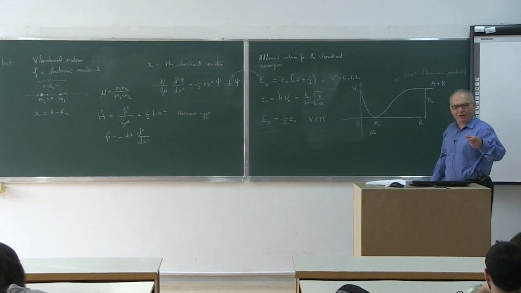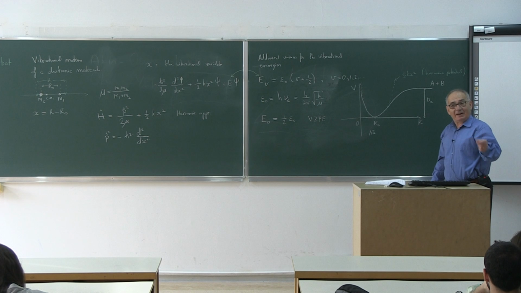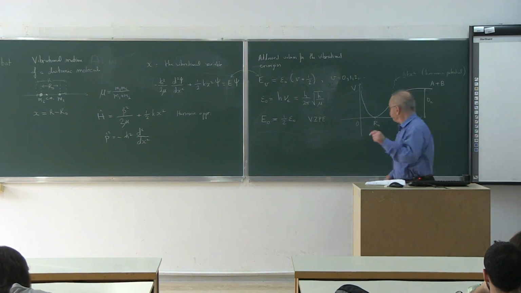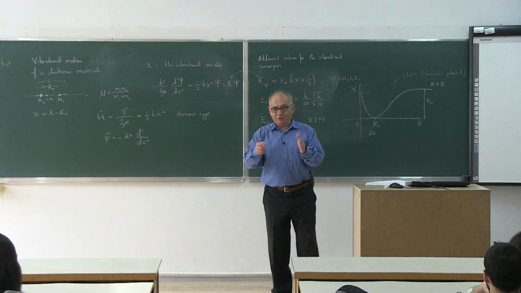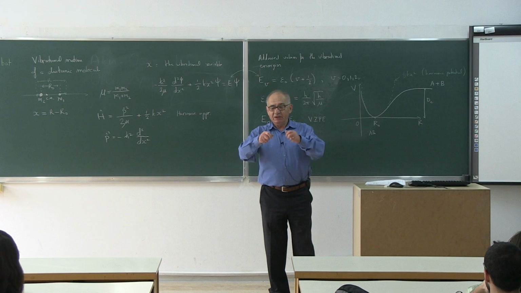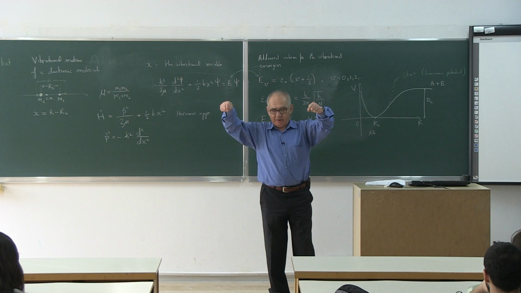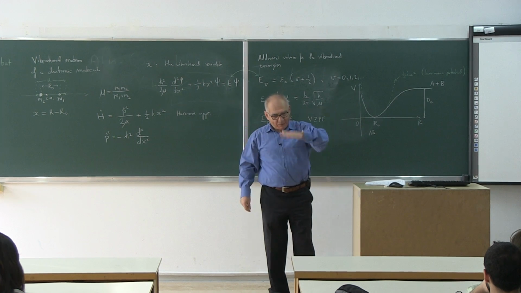It's kind of dissociation energy, but I had warned you that this is not the experimental dissociation energy. Why? Because the definition of dissociation energy is this: total energy of the products, A plus B, minus the total energy, the lowest possible energy of the molecule.